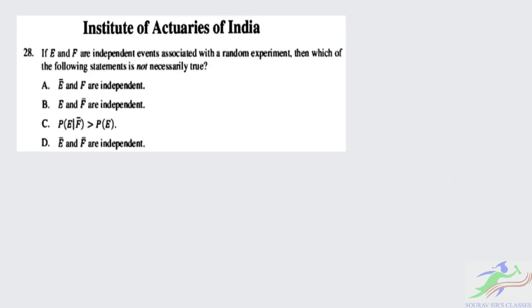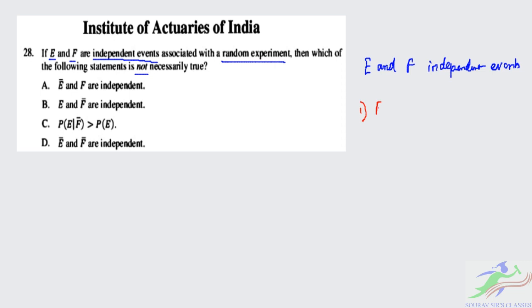Question 28 is asking that if E and F are independent events associated with a random experiment, then which of the following statements is not necessarily true? So if E and F are independent events, then what are the properties that we have?